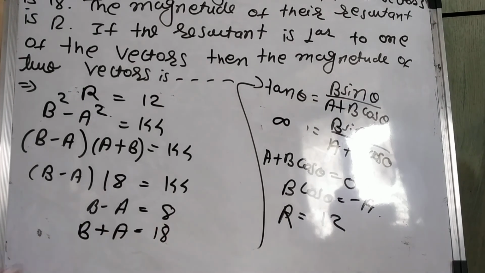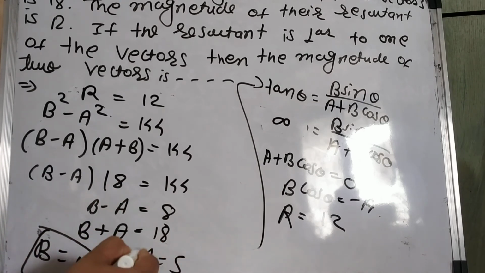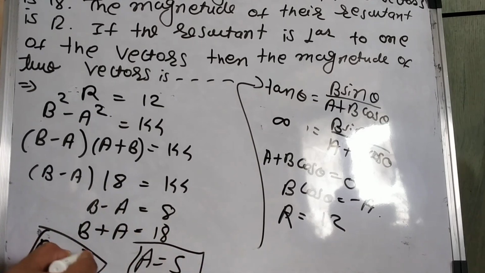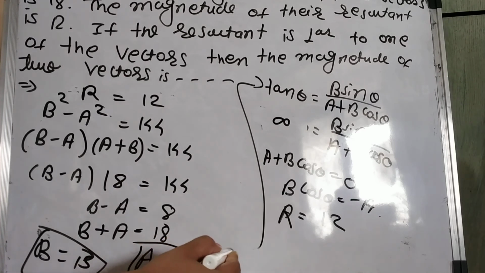If we solve these equations, A gets cancelled, 2B is equal to 26. 26 divided by 2 is 13. Therefore B is equal to 13. If we solve simultaneously, we get B is equal to 13 and A is equal to how much? It is 5. Therefore for question number 69, option number A is correct.